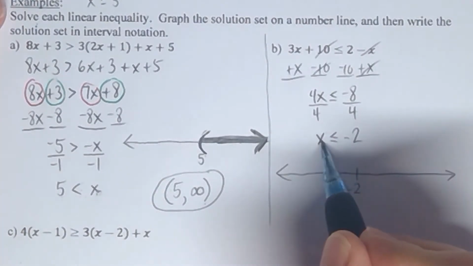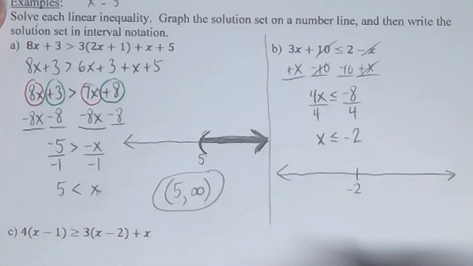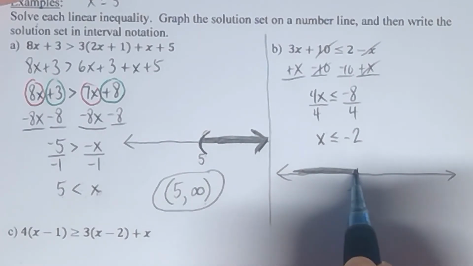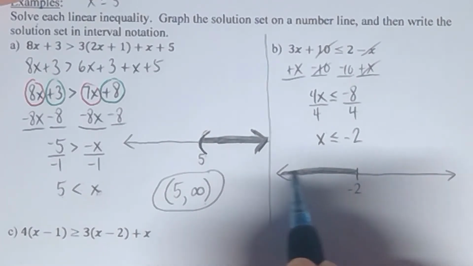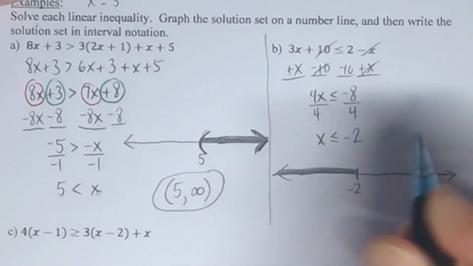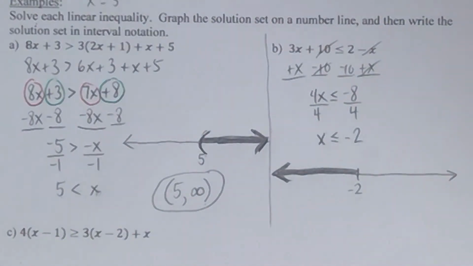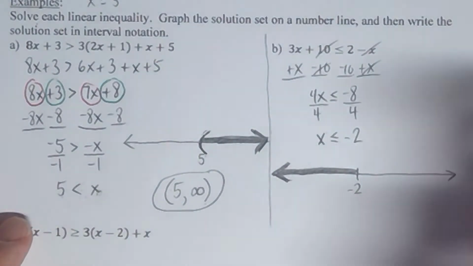Now, where are the solutions going to be if they're smaller than -2? Remember, smaller always means to the left. Just like in the last problem, the bigger numbers meant going to the right. The smaller numbers mean that you go to the left. Okay. All right, so that's how you know.